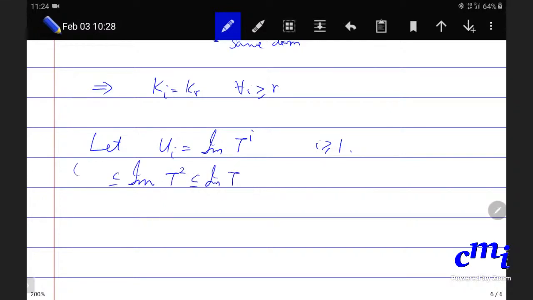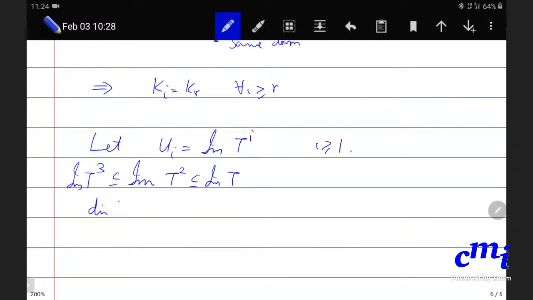So in other words, these are subspaces, so their dimension is a weakly decreasing sequence, and it is bounded below by 0. So therefore, it must stabilize somewhere.